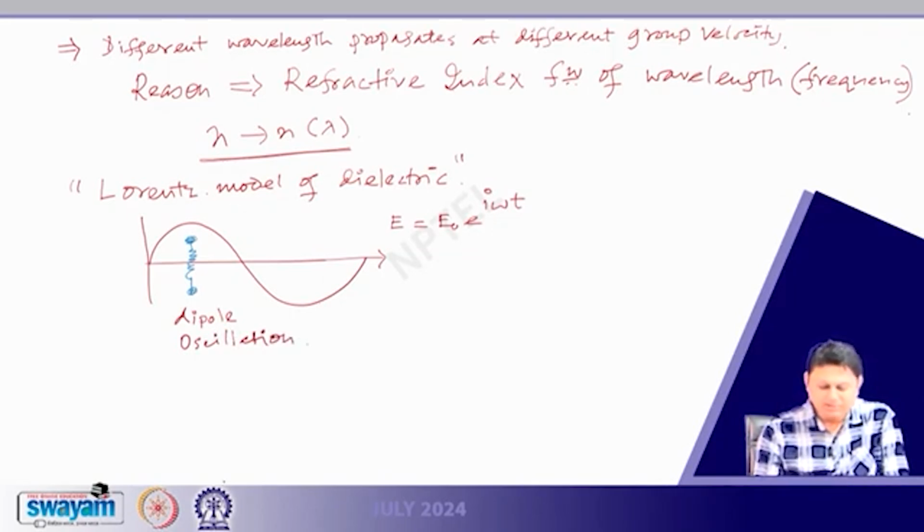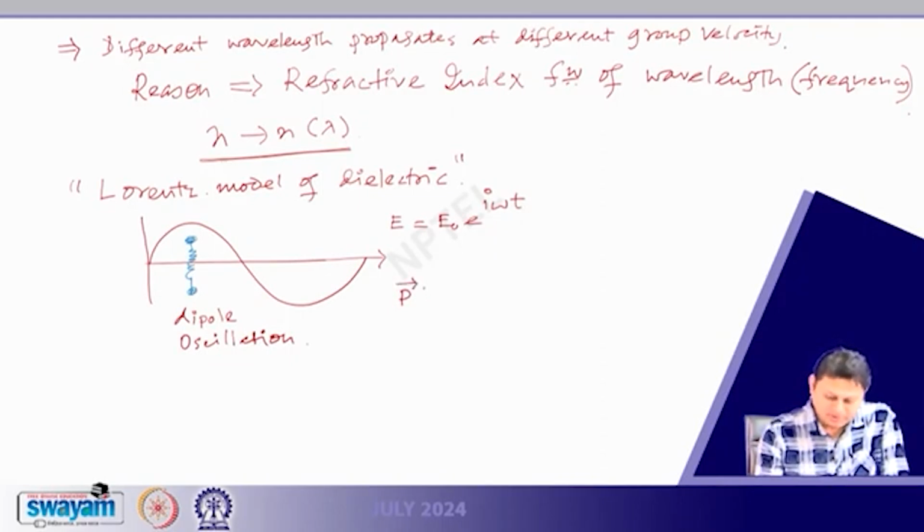This dipole oscillation can be modeled through this Lorentz model, and from that we can extract the value of the refractive index. So the polarization, we know how the refractive index comes into the picture, that we can understand.